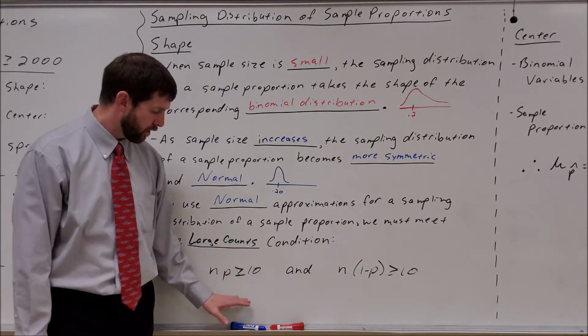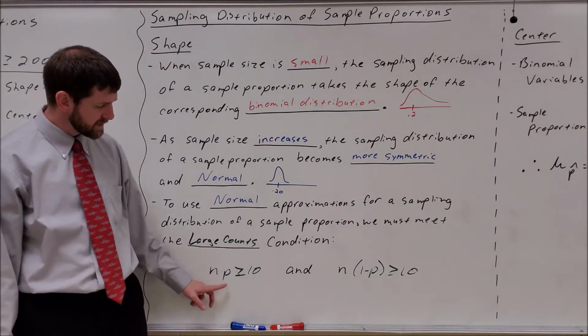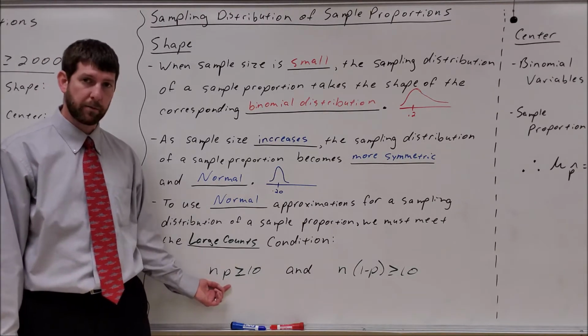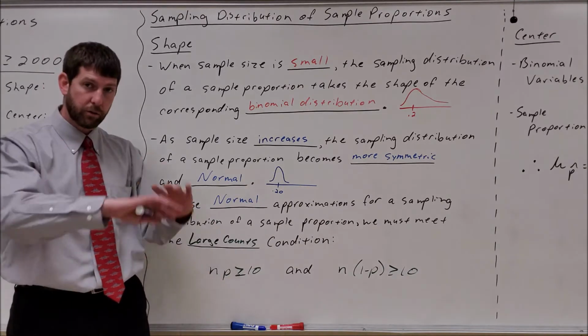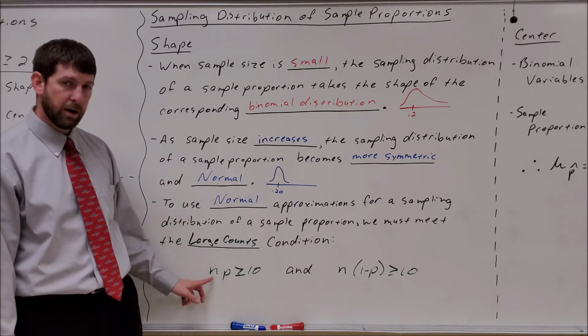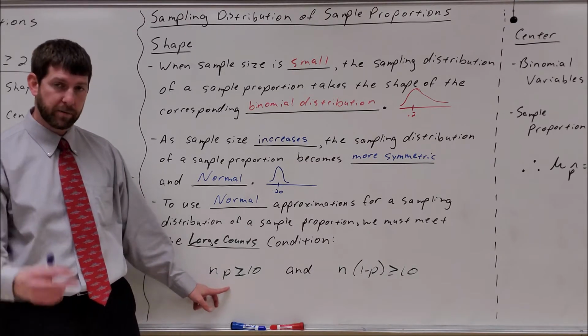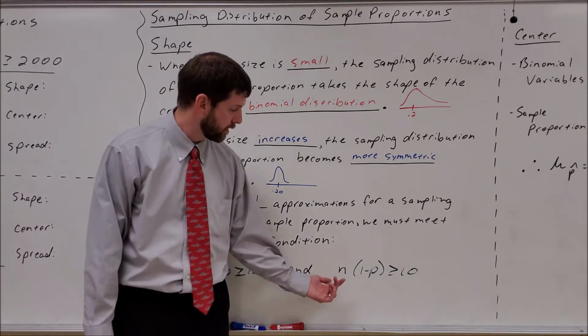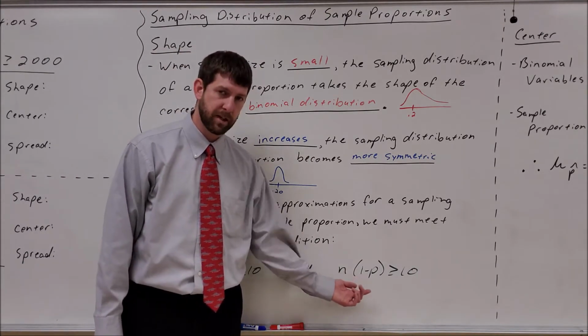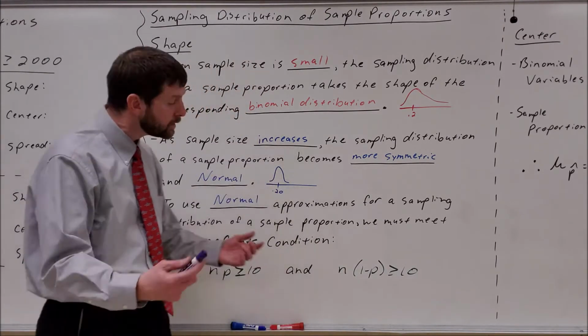Well, that's why we talked about that, because we want to use a normal. If we remember, the large counts condition says np is greater than or equal to 10. Remember, this is your sample size times your probability of success. Say 20% of people are redheads, that's all that means. However many people we sample times the probability of getting the outcome we're looking for needs to be greater than or equal to 10, and n times 1 minus p, the probability of what we're not looking for, also needs to be at least 10.